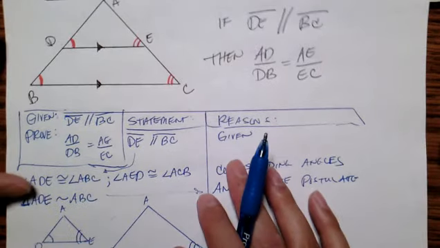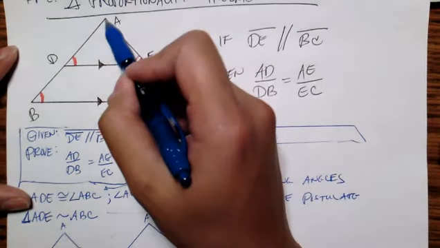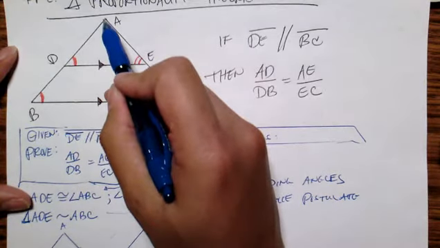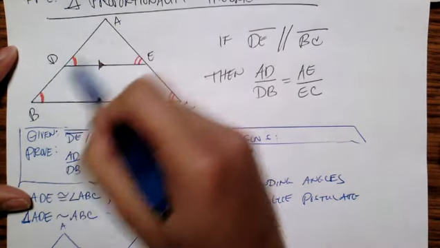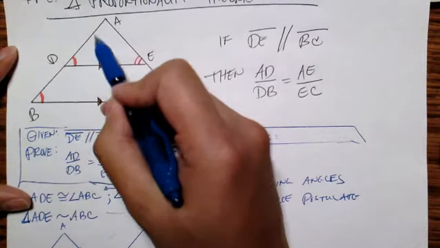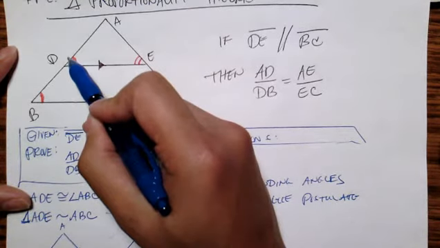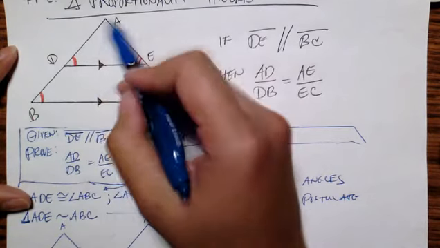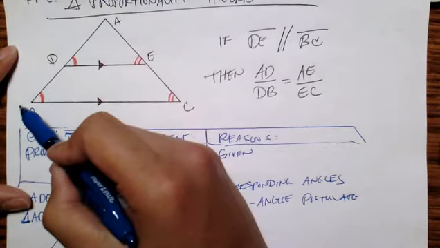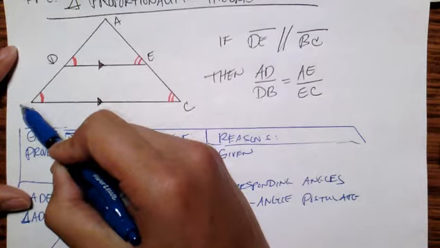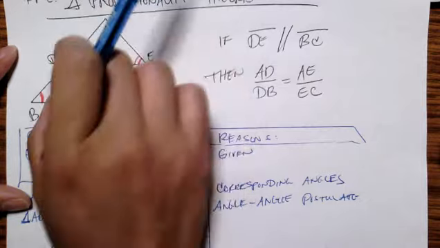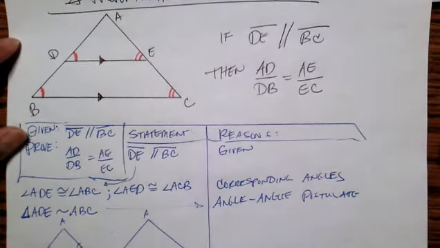When I say line segment AB, this is the entire length from here all the way to here. I'm going to write AB equals AD plus DB. Let's say that one more time: line segment AB equals line segment AD plus DB. It is because those are the two small pieces, and you add them together. So this is what we're going to write.